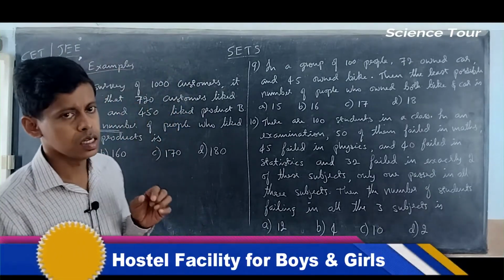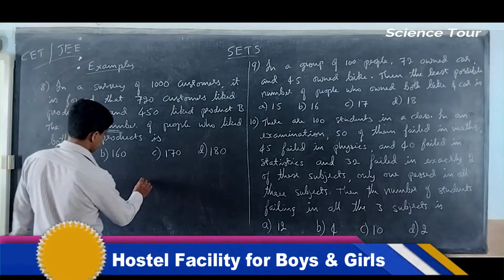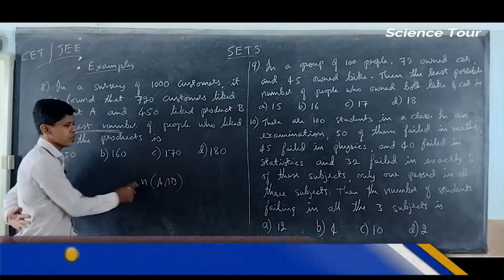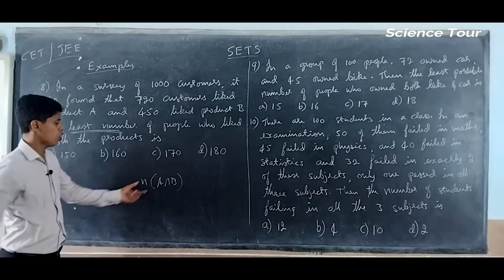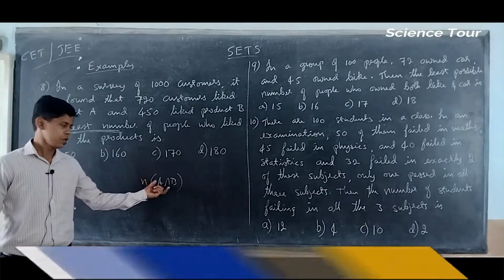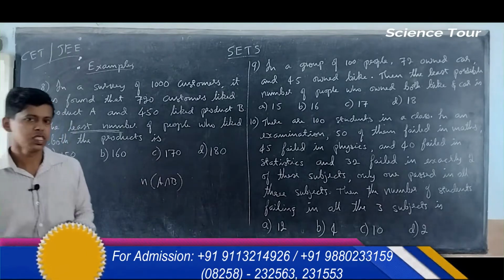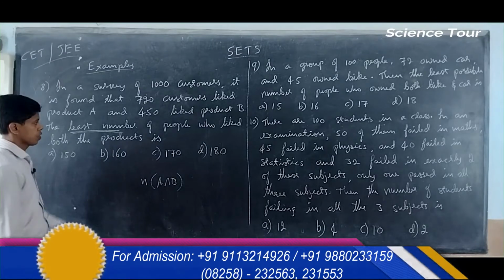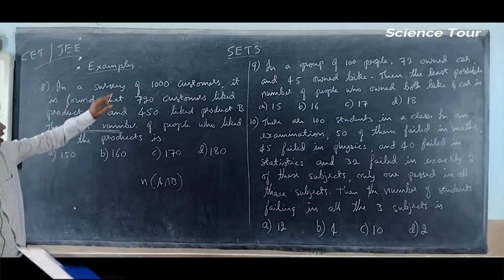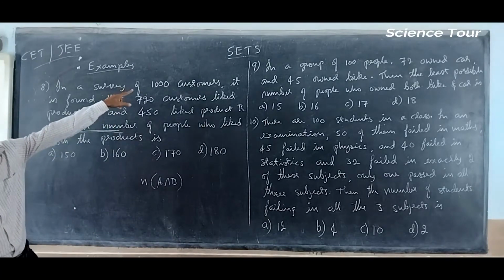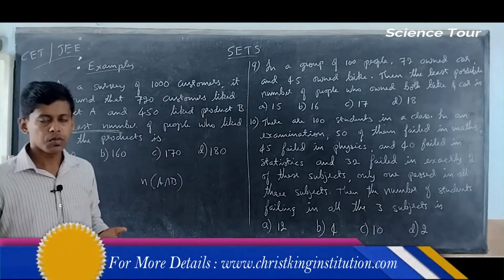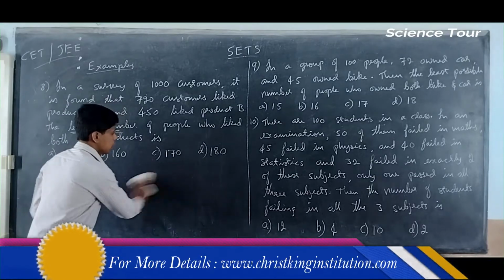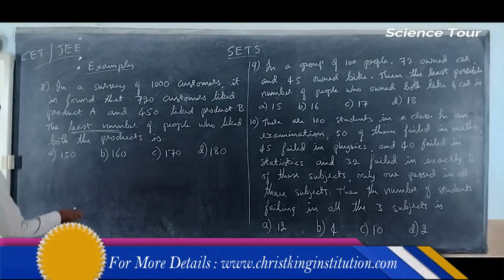That means the minimum number, the minimum value of n of A intersection B, the lowest value, the least value, is the thing that we have to find in this question. So what is given? N of A, N of B, and the total number of customers, that is N of U. Okay, so let's write what is given to us.